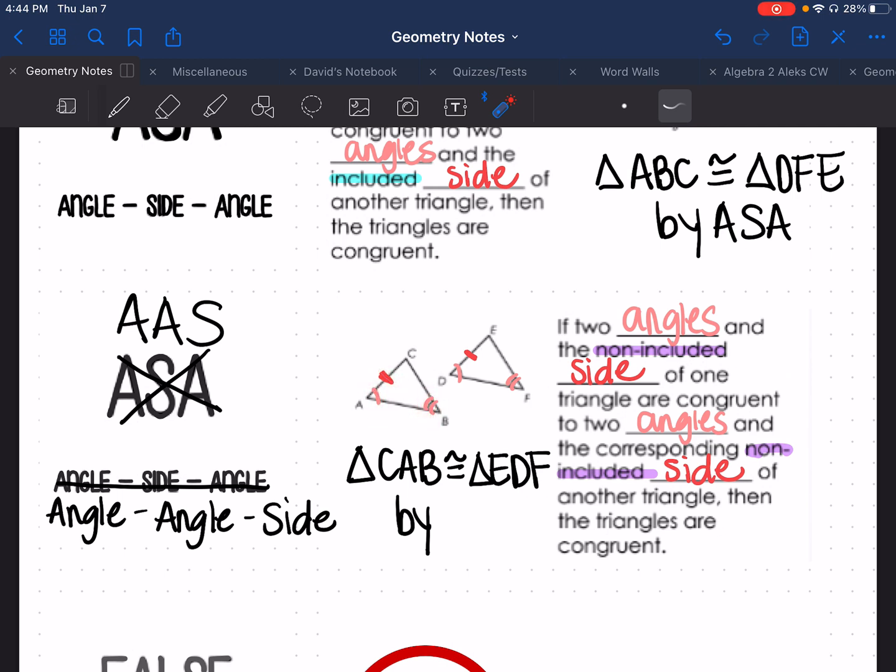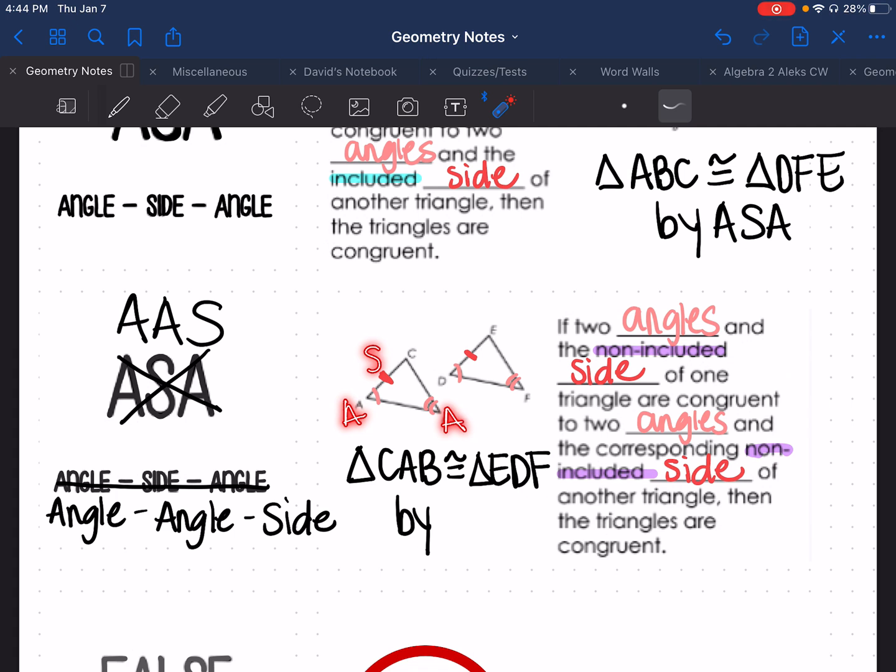I can't put the S in the beginning. I need to recognize that I have two A's and an S, and that the S is not between the two A's. So I would actually start reading it from here. Angle, angle, side is how I would read it. There's no real true way of how to read it. A lot of people look at this one and think of it as side, angle, angle, and you can't do that.